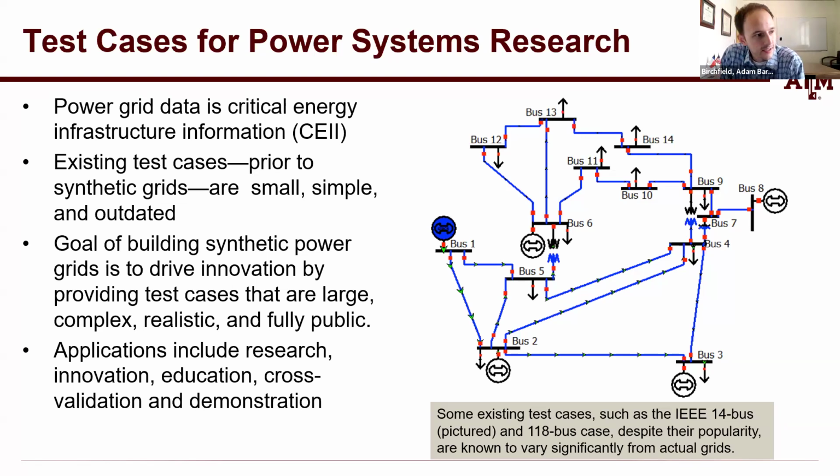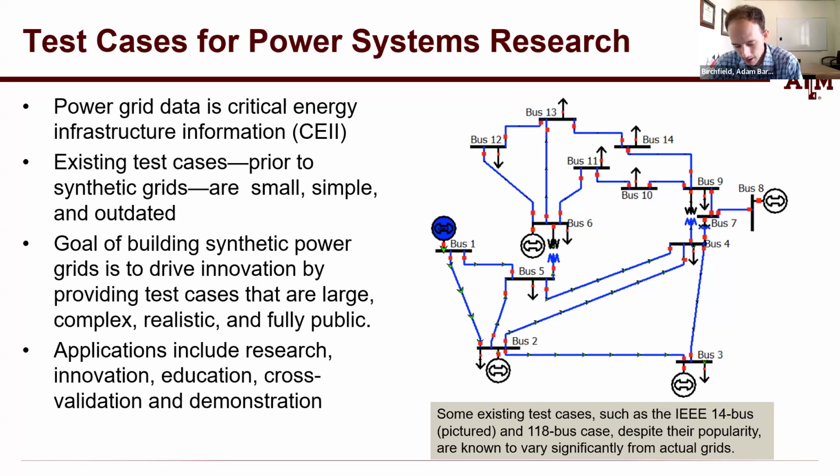One of the things you might be asking is, why can't we just have a model of the real electric grid and use that for our research? I certainly want to be the first to acknowledge that we do want to be using the real electric grid as much as we can. There's really no substitute for testing new ideas, new algorithms, new advancements on anything other than the real grid.